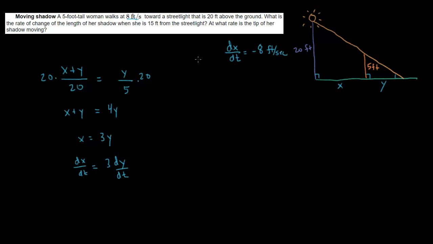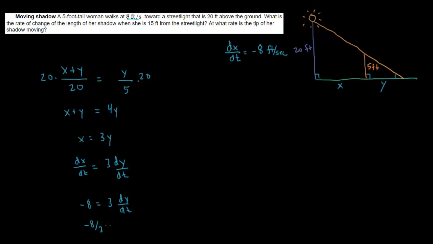What I'm actually looking for here is the rate of change of the length of her shadow, so we want to know dy/dt. We need to solve for dy/dt when dx/dt is negative 8. So dx/dt, just simply plug in negative 8, equals 3 dy/dt. And if we're solving for dy/dt, a simple division by 3 on both sides does the trick. So negative 8 over 3.